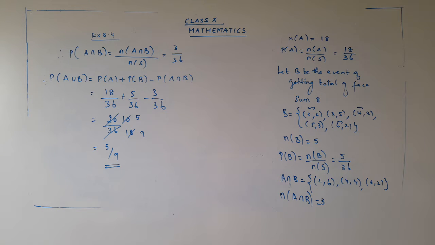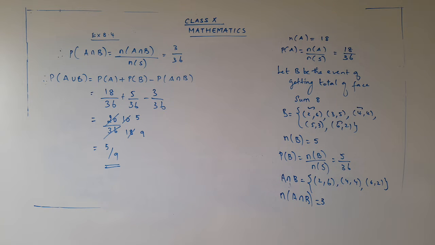So what was the procedure, children? The first procedure was to write down the sample space. After writing sample space, you write down N of S. Then you have to define the event that is given to you. So here A and B, we had two events. You have to find out N of A, P of A. Then you have to find out N of B and P of B. And after finding that, you have to find out A intersection B. Then N of A intersection B and P of A intersection B. After finding all the details, you have to just apply the theorem on probability.